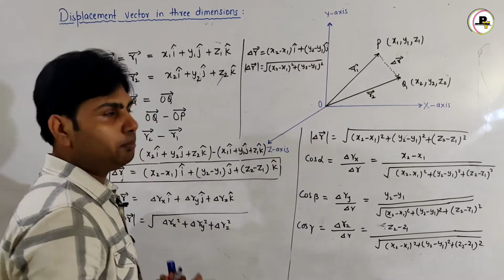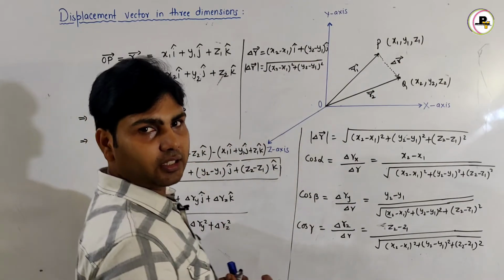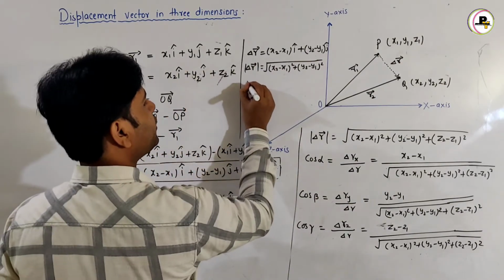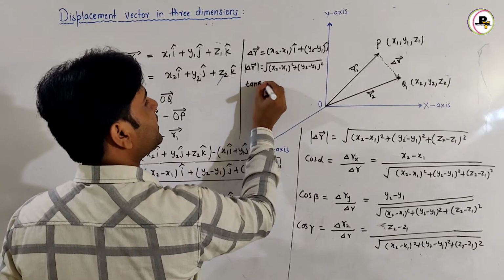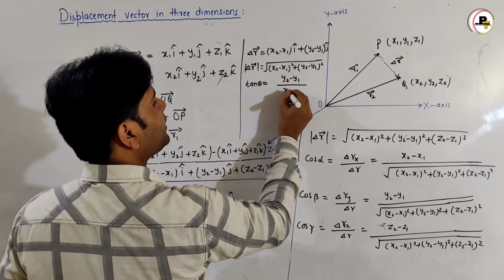And if I suppose that delta r vector is making an angle of theta from the x-axis, then I can also find out the direction of the displacement vector. Tan theta is equal to (y2 minus y1) divided by (x2 minus x1).